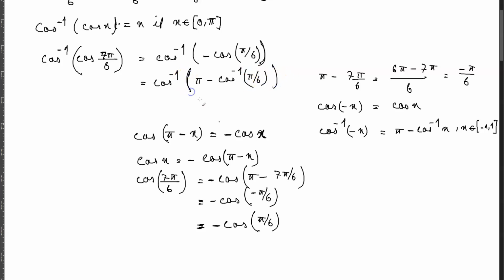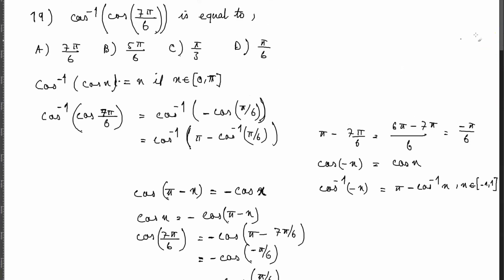That I can do. But now the problem is that this is not in the form I wanted. I wanted the expression in the form cos inverse of cos of x so that I could write it as x. So this is a problem.